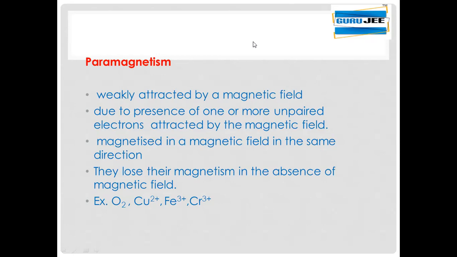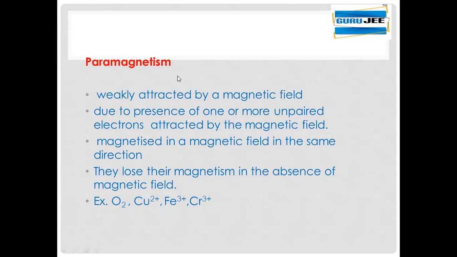So it will act only as a temporary magnet. It does not have a permanent magnetic property. It shows its property only in the presence of a magnetic field. The examples of paramagnetic substances are oxygen, copper ion, iron 3+, and chromium 3+.